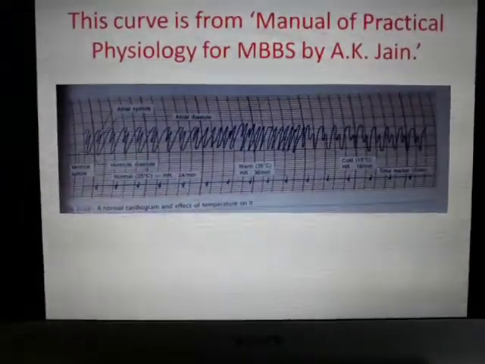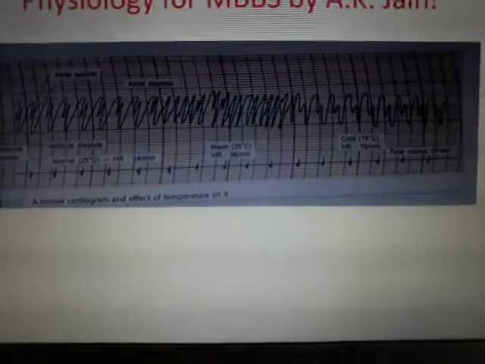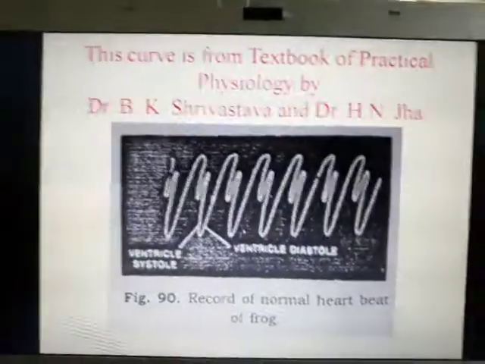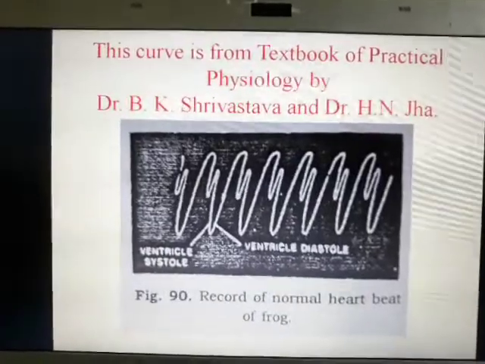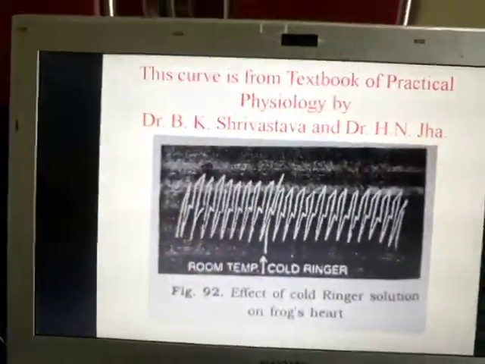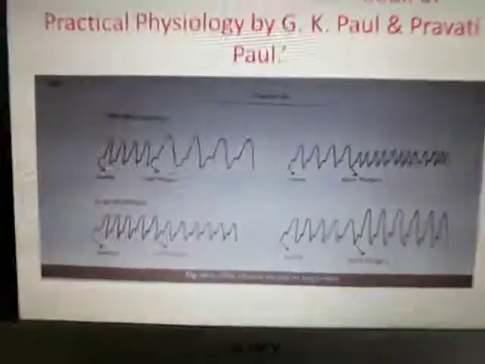So these are some different curves from different books. This is from A.K. Jain practical book. This is from B.K. Srivastava and H.N. Jha. This curve, again this curve, this curve.